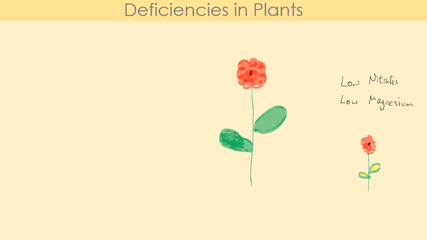It gets the nitrates and magnesium ions from the soil. As we look at the plant, if we compare it, we can see that it is shorter. We would say that it has stunted growth. It has not grown as well. It also has yellow leaves.